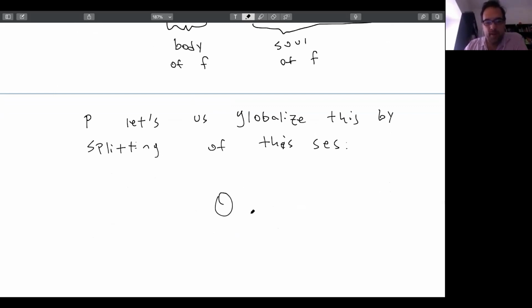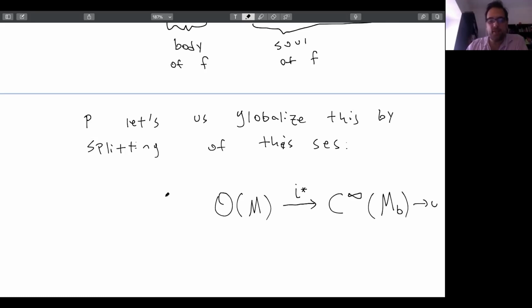Where you have the algebra of functions on the supermanifold, which is a superalgebra, and you can pull all of them back to the algebra of smooth functions on the body, and that turns out to be onto.